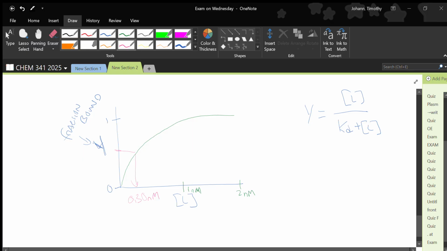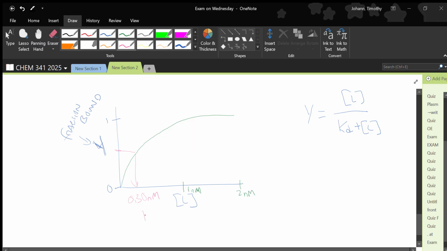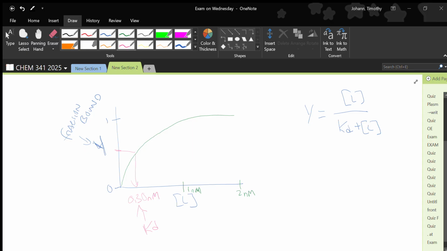So it's where half of my sites are bound, that's the concentration of ligand that's equal to my KD. So in other words, KD is this. Does that make sense? Okay. And it comes out of the math. So when y is equal to 0.5, or half, is when you go down.